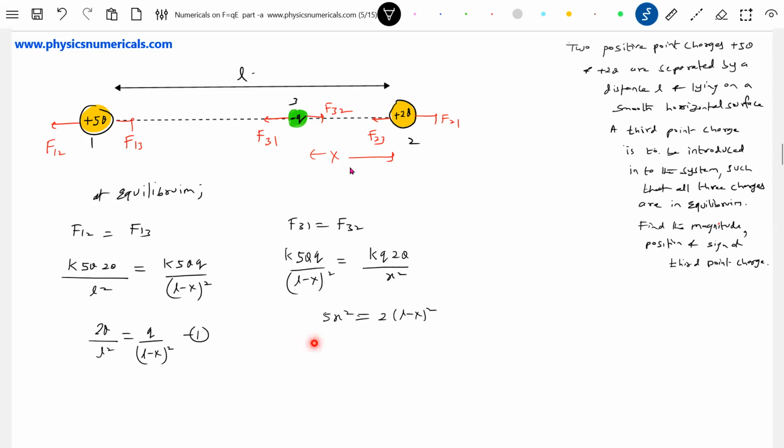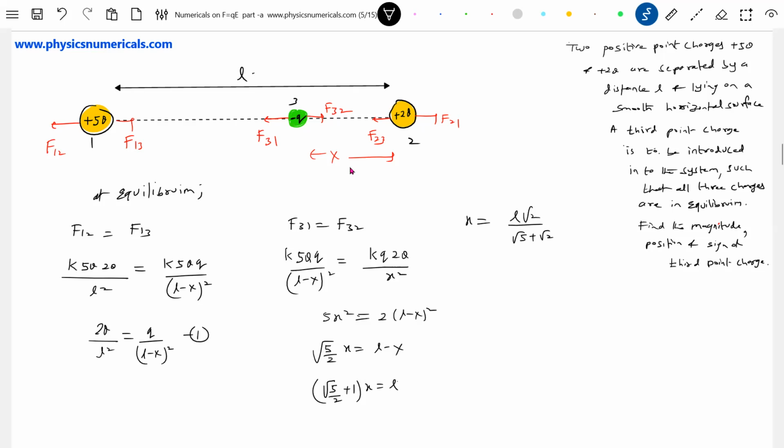So x square equal to 2 by 5 times (L minus x) whole square, so x equals root 2 by root 5 times (L minus x). This becomes (root 5 by root 2 plus 1) x equal to L. So the value of x is L times root 2 by (root 5 plus root 2). This should be the value of x.